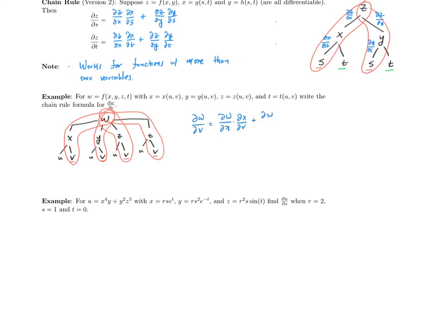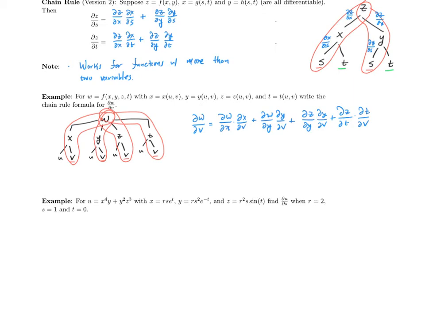And then we have similar terms corresponding to each of those branches that we go down. And what we end up with, these four terms added together, gives us the desired chain rule formula.